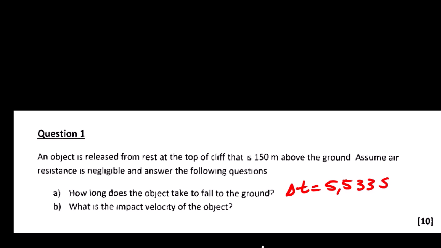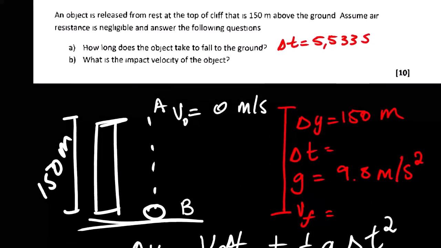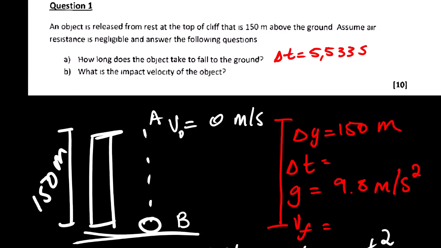5.533 seconds. Now looking at the second question, it's saying what is the impact velocity of the object? So looking at our scenario again, it simply means that from here to here the time it takes is 5.533 seconds, and the question says the impact velocity, so it's the final velocity.